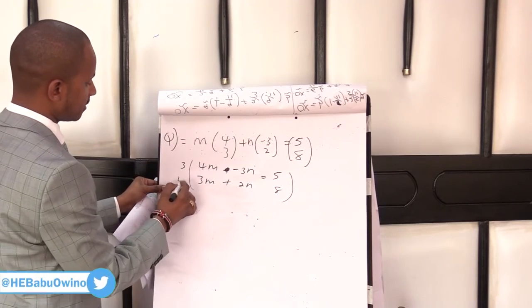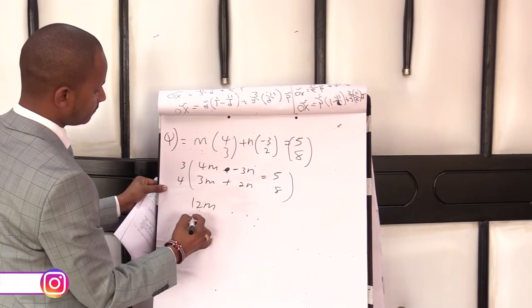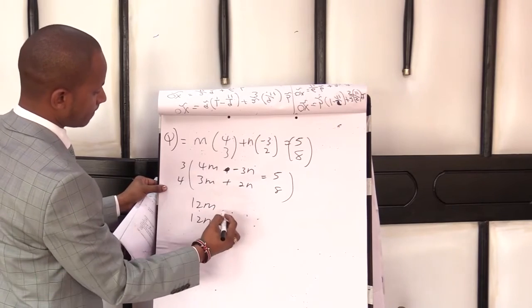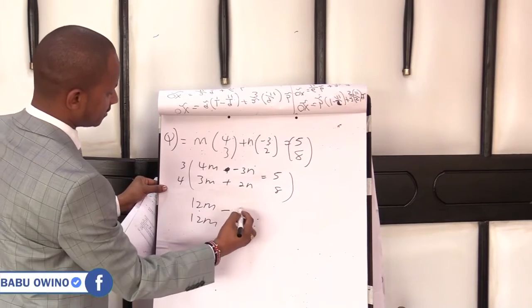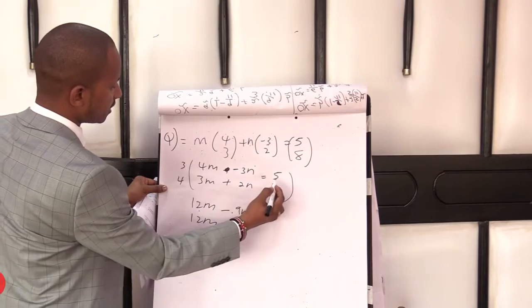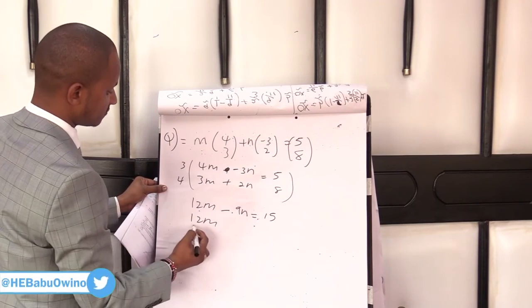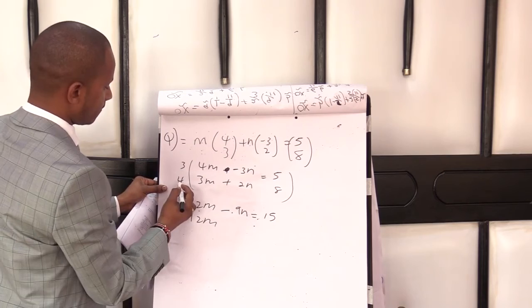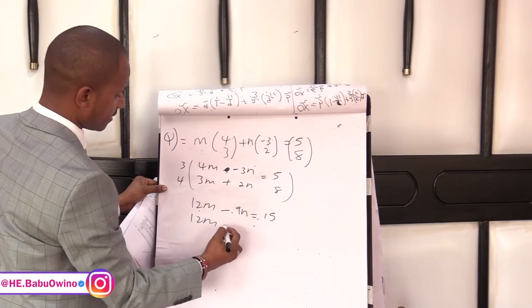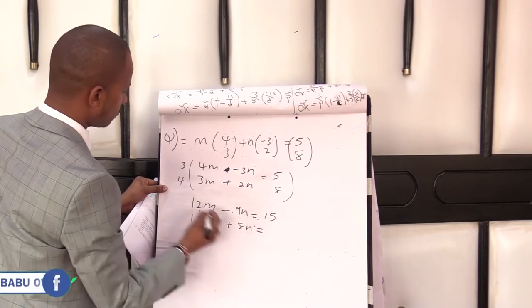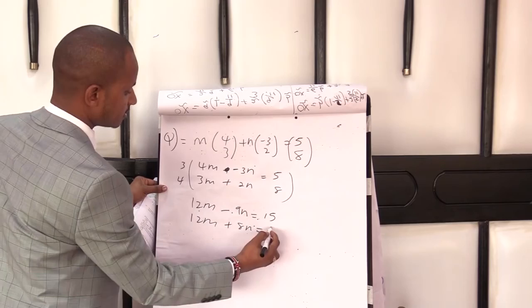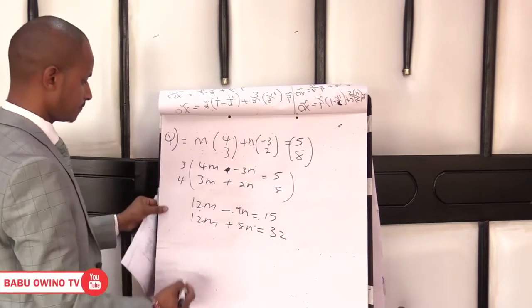Multiply this by 3 and this by 4. So this is 12m, again 12m, minus 3 times 3n is 9n, equals 3 times 5 is 15. 4 times 3 is 12m. 4 times 2n is plus 8n, equals 4 times 8 is 32.